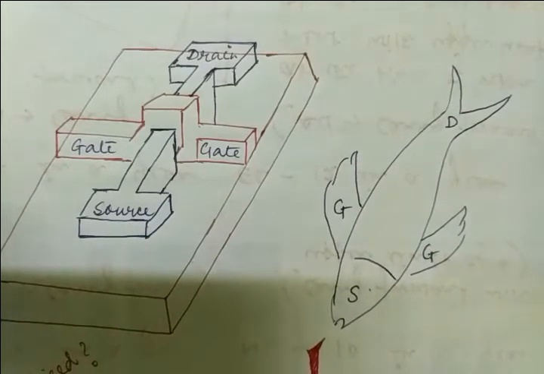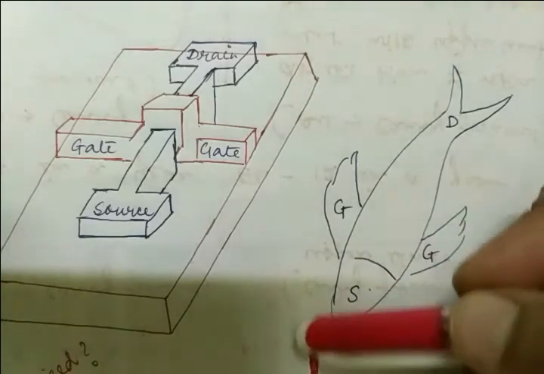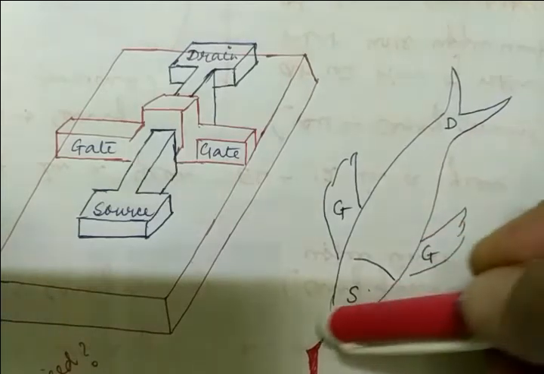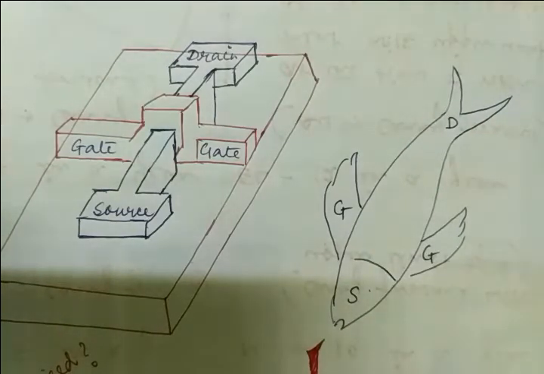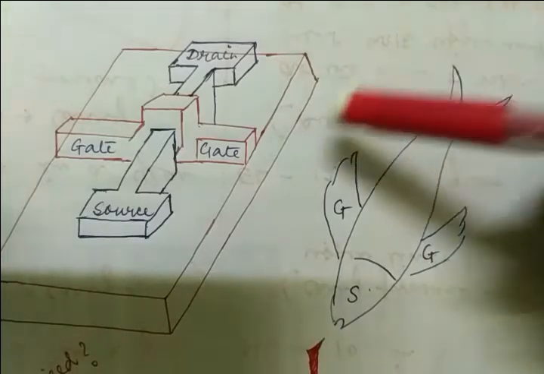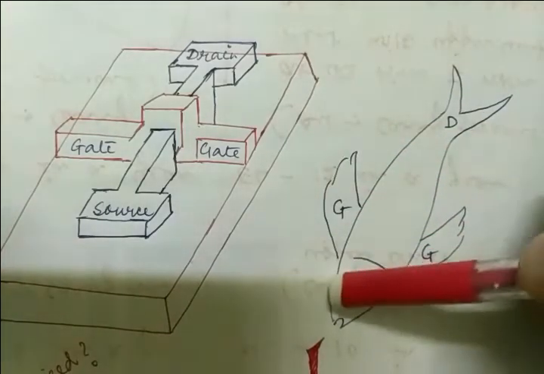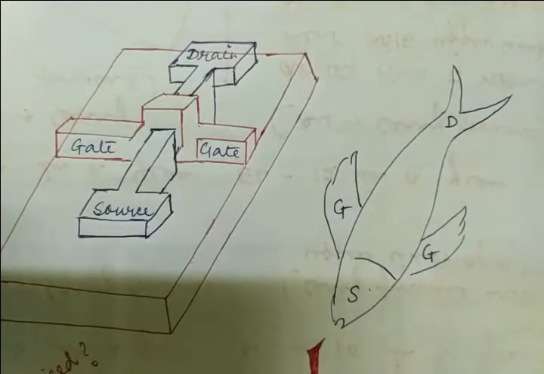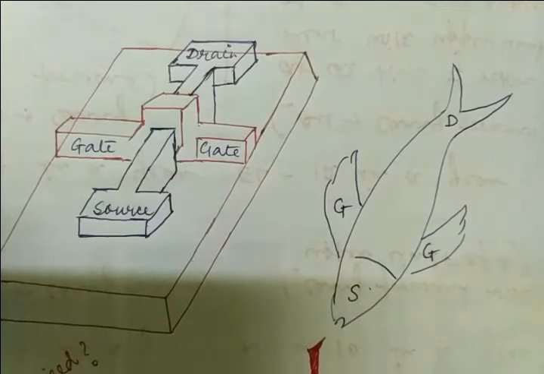Because we all know that a fish has a fin structure, and that's why I have compared it with the structure of a fish. This will give you a brief idea of this kind of structure. This is a wrapping structure, this is the source, this is the drain. So that's why it is known as FinFET.